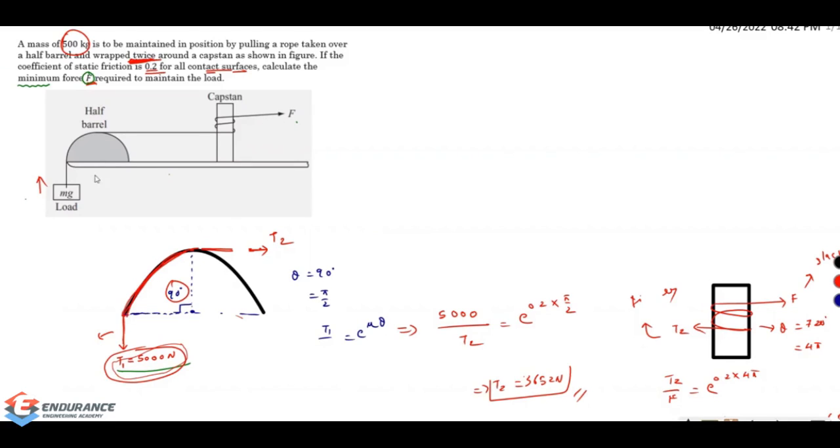If I try to lift this load, I need to apply a tension which has to overcome this weight, and also it has to overcome the friction, because now it has to move in this direction. The force which I'm applying has to overcome this tension and also this friction.